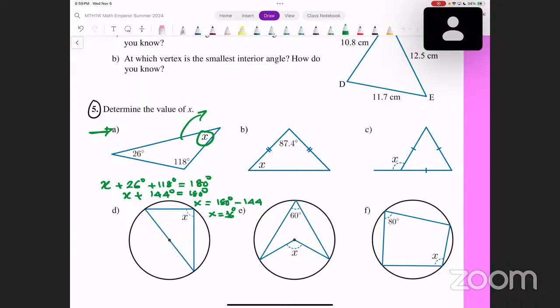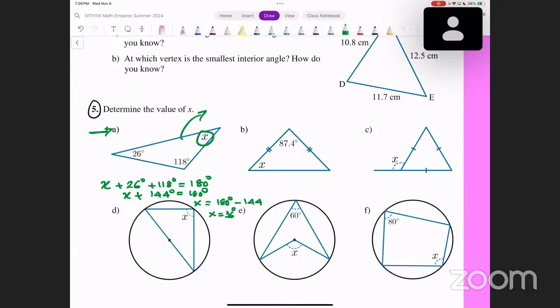I'm still doing it. Okay, I'm going to wait. Do you want me to say my answer? Yes. I got 46.3. Akshara, what did you get? 26.